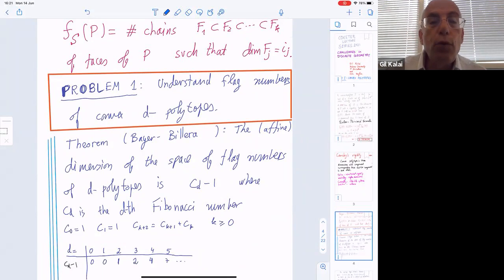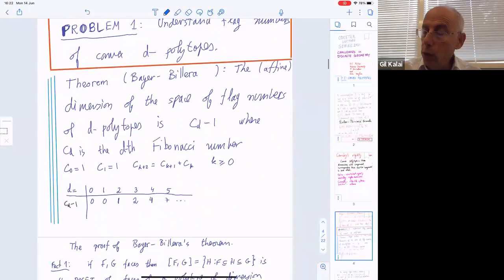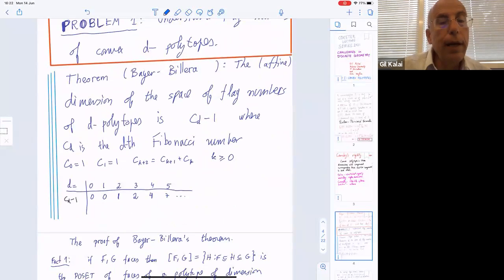They proved that the affine dimension of the space of flag numbers of d-dimensional polytopes is precisely C_d - 1, where C_d is the Fibonacci number. So C0 is 1, C1 is 1, C_{k+2} is equal to C_{k+1} plus C_k, when k is greater or equal to 0. And here you can see this dimension.